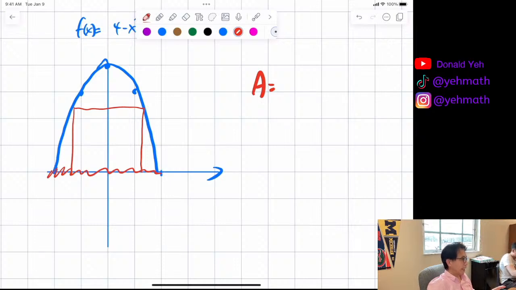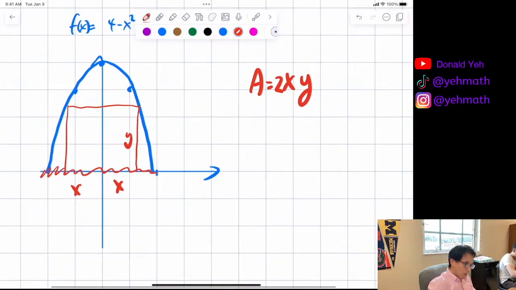What's the length here? x times y, but is that a full rectangle? No, that's only the right side rectangle. So it'd be 2 times xy. Why? Because this is the x, this is the x, and this is the y. So the area is 2 times xy, or you can have one side times 2. Same thing.